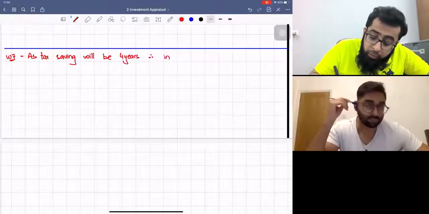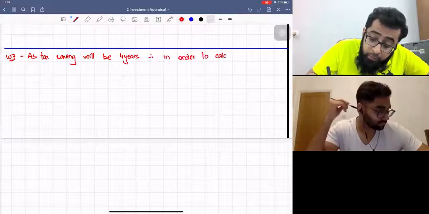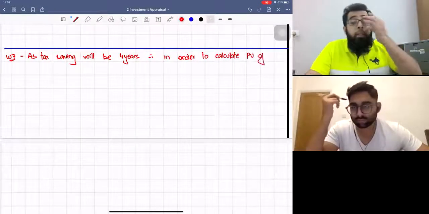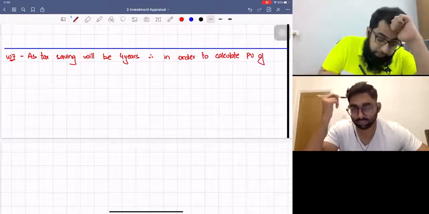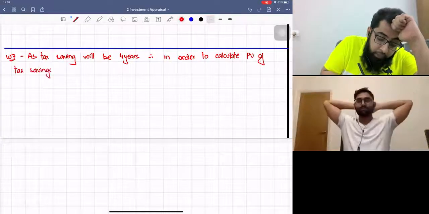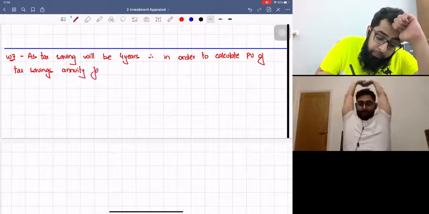Therefore, in order to calculate the present value of tax savings, the annuity factor of 4 years will be used.